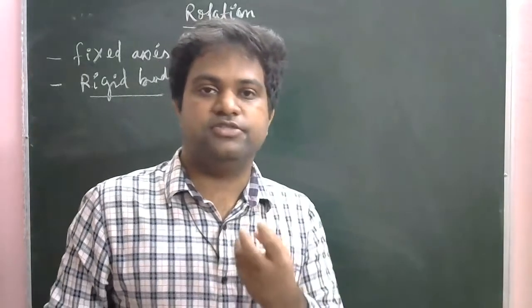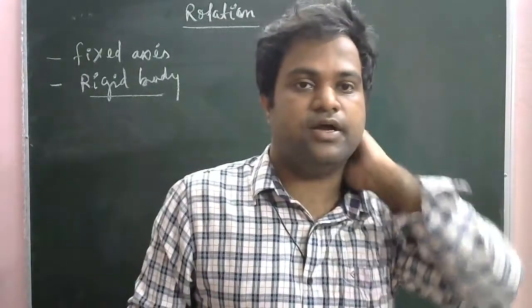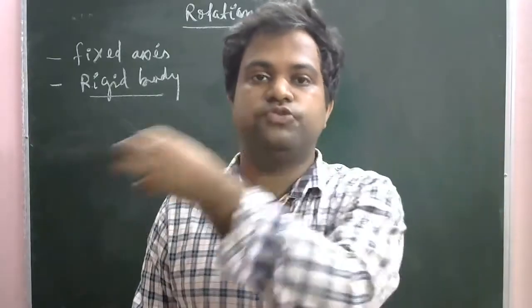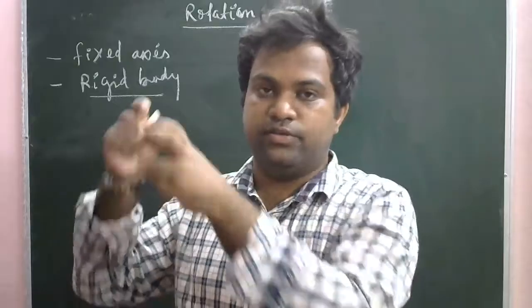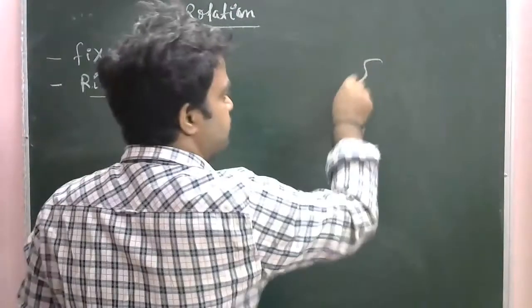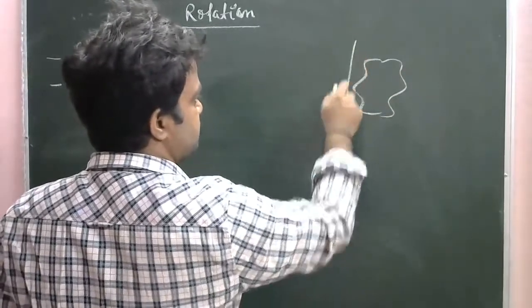You can think of a rigid object as an object in which all parts will move together, not some parts moving while other parts lag behind, stretch or deform. For example, suppose this is an object, any object, and this is your axis.